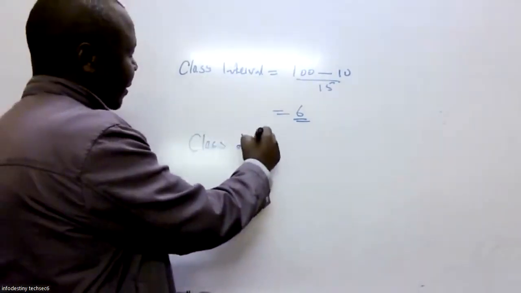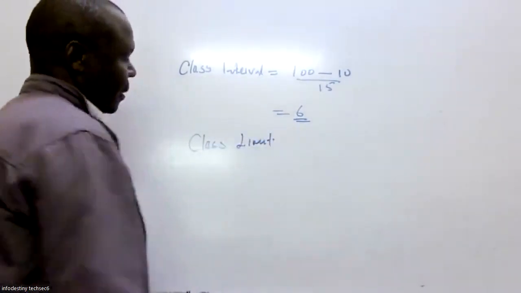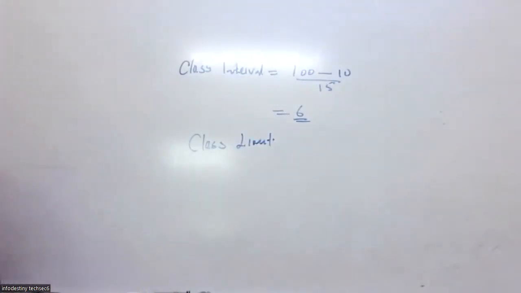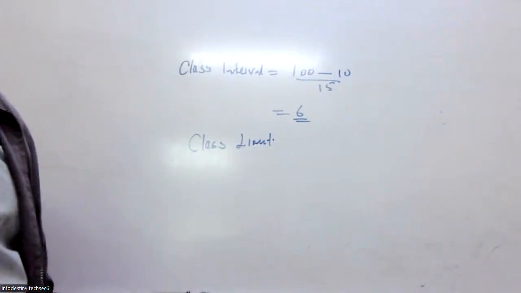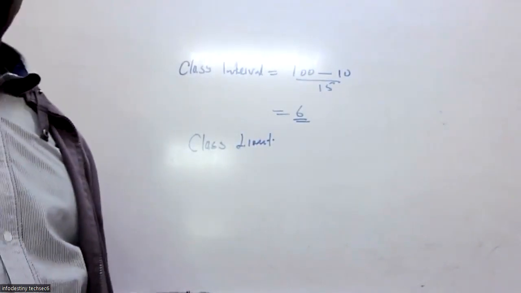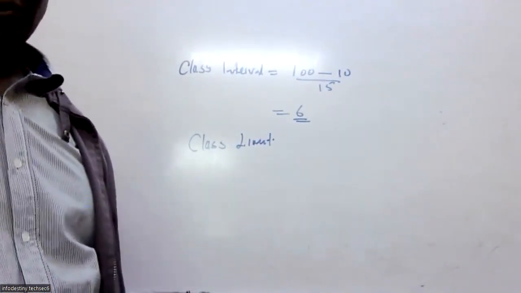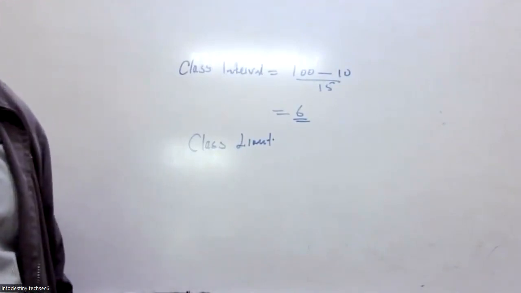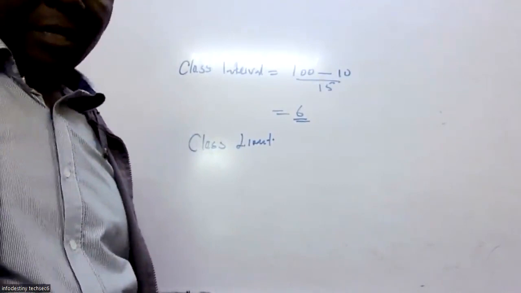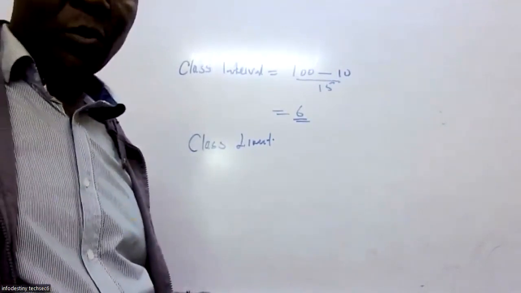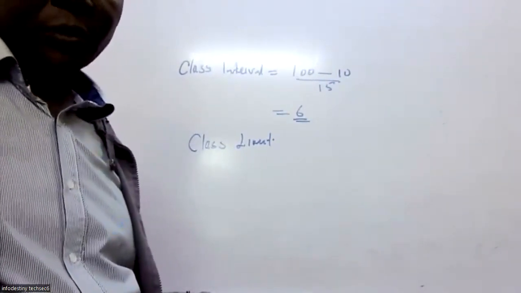Now the next one, class limit. Class limits are the values which actually identify the groups.